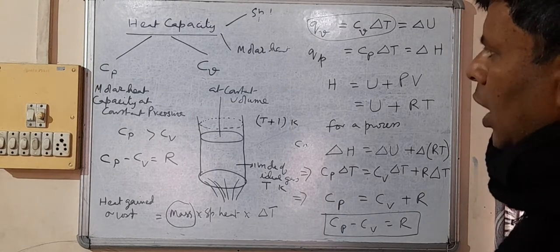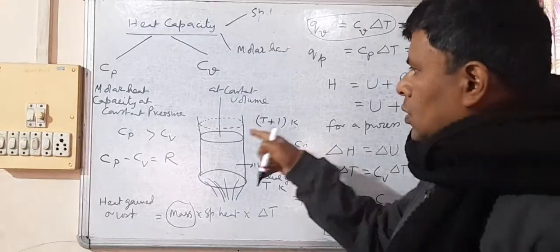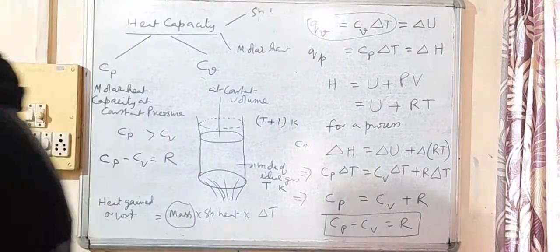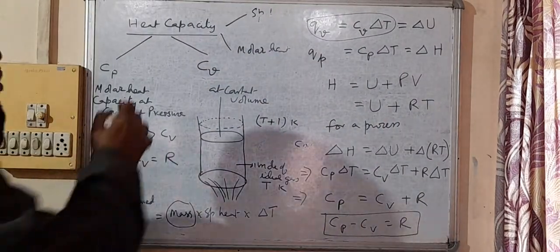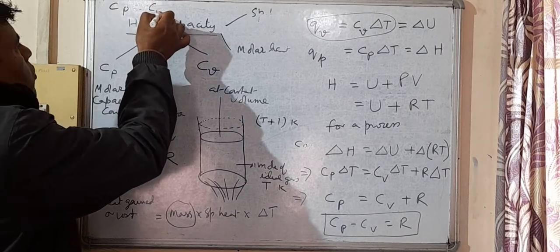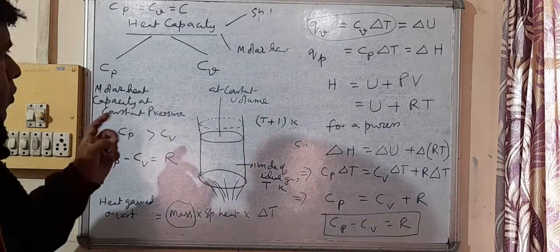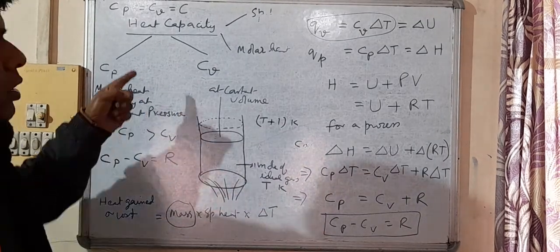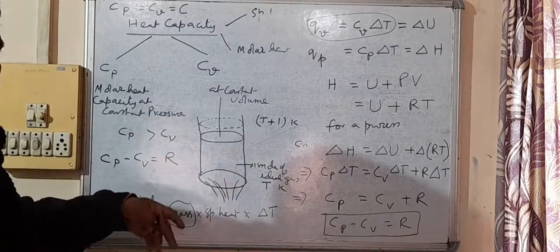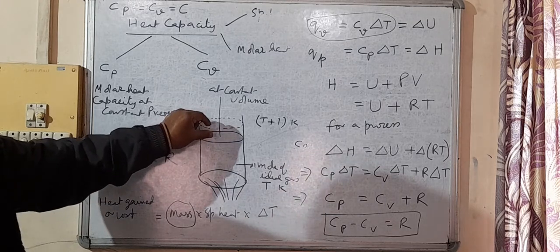So this is a relation. But you see, in case of solid or in case of liquid, as I already said, Cp will be equal to Cv equal to C. We don't have two types of heat capacity in case of solid and liquid, because when a solid or a liquid is heated, there occurs no significant volume change.